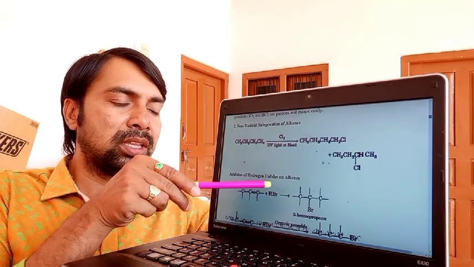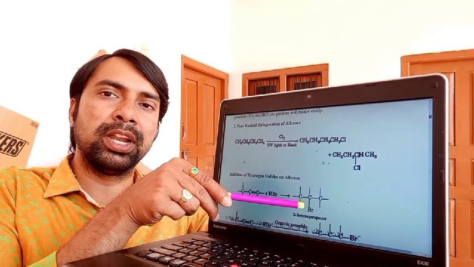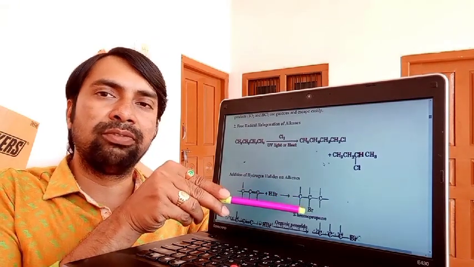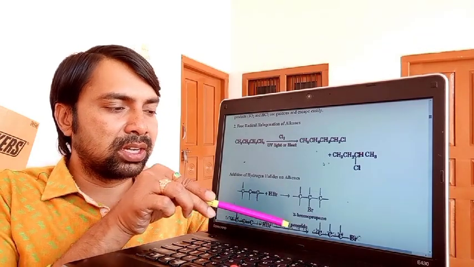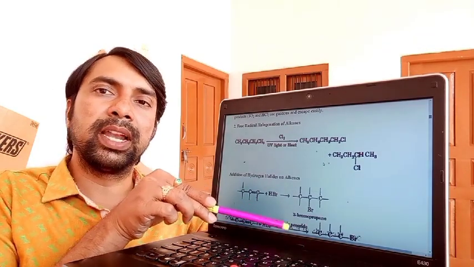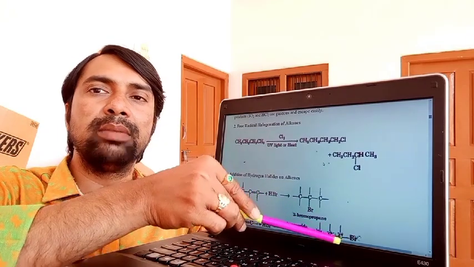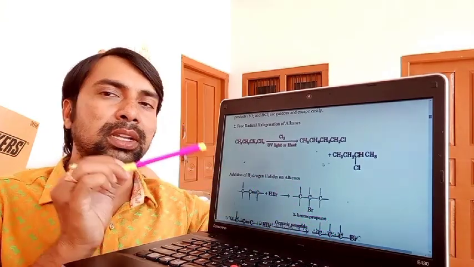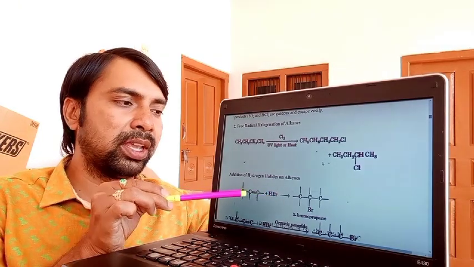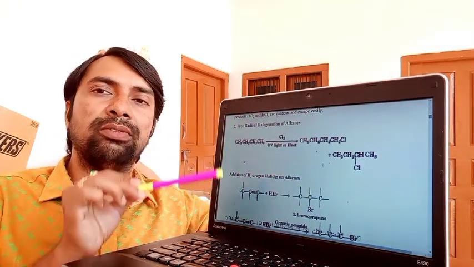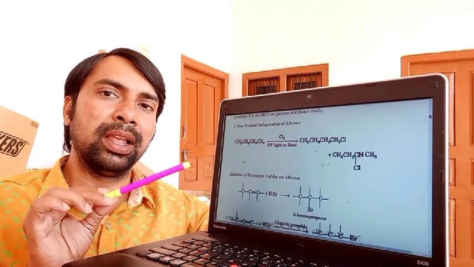In this reaction, the major product is according to the Markovnikov rule. If in place of this we take peroxide as a catalyst, we will get the anti-Markovnikov product. So this is the addition of hydrogen halides to the alkenes. They also lead to the formation of alkyl halides.